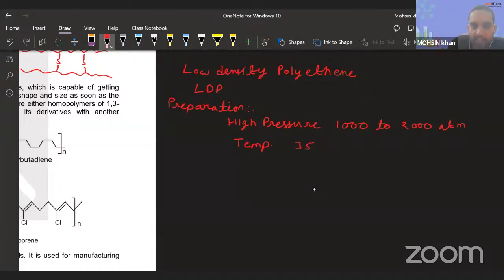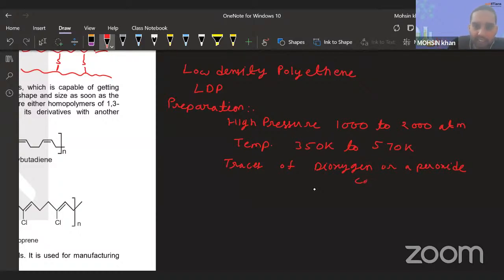and temperature ranges from 350 Kelvin to 570 Kelvin, with presence of traces of dioxygen O2, or a peroxide initiator as catalyst.